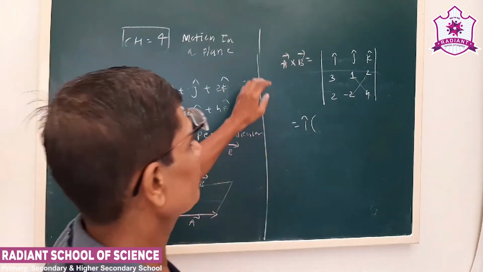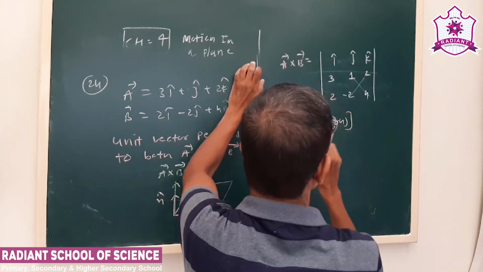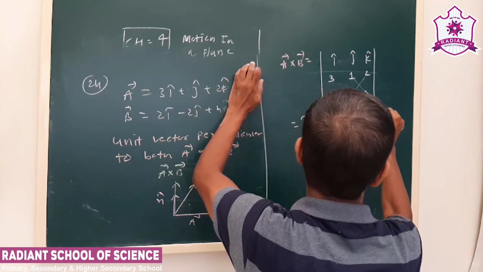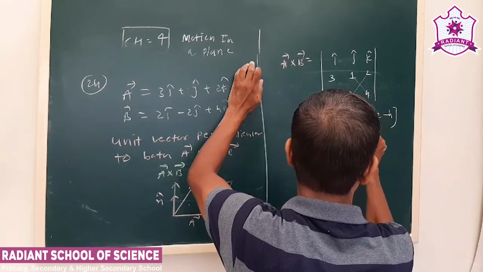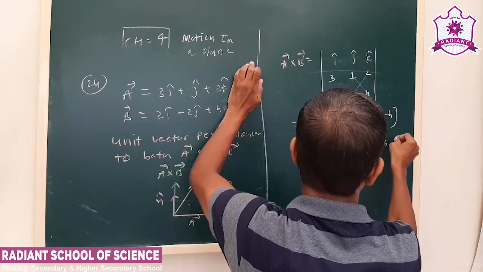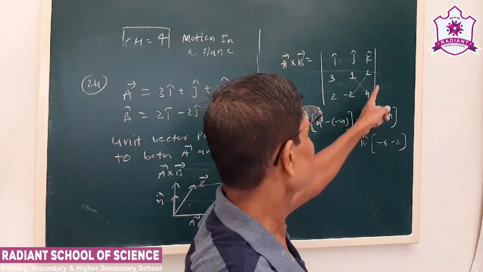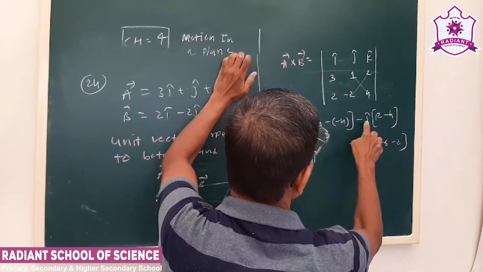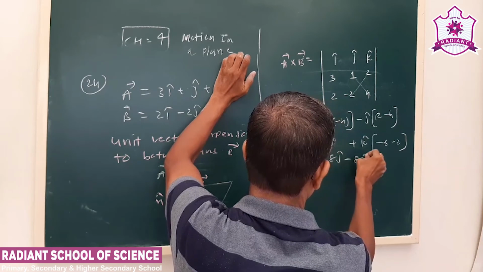So it will be 4 minus minus 4. Okay, minus j caret, 3 2 3 4s are 12 minus 4, plus k caret, minus 6 minus... Okay, see the right diagonal minus left diagonal. So this has become 8i minus 8j minus 8k.